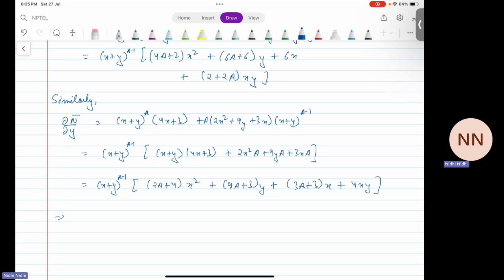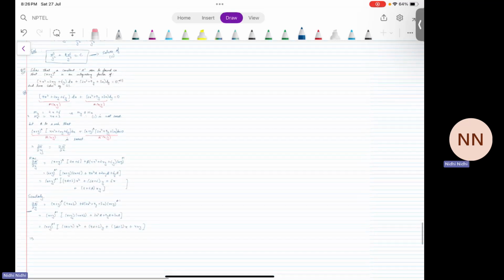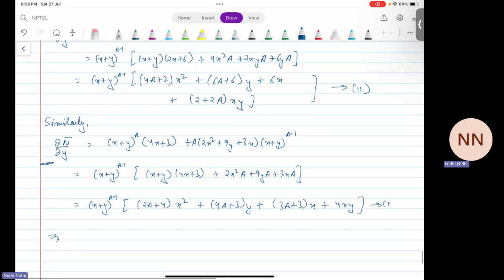Now we want del N bar by del x to be equal to del M bar by del y. So let's number these equations. We had equation 1, so mark it as 2 and this one is 3.